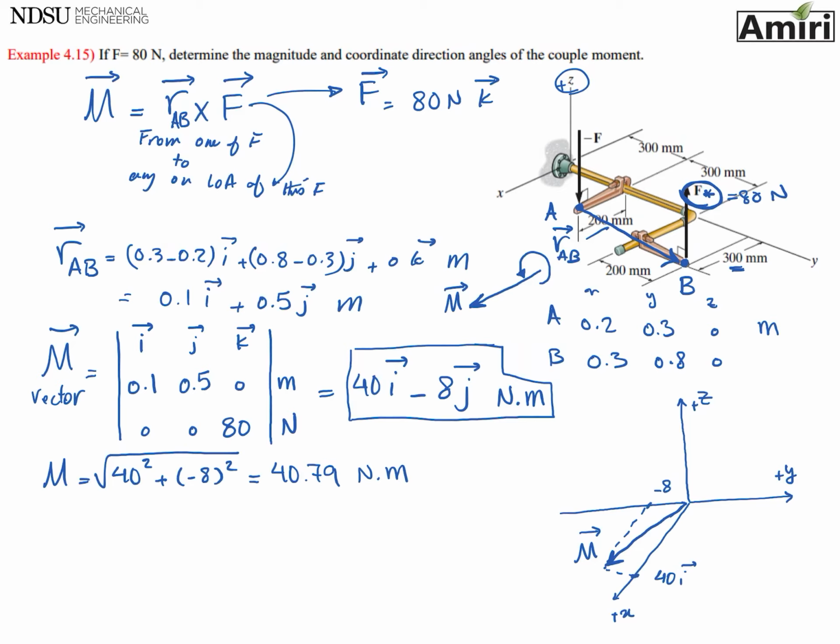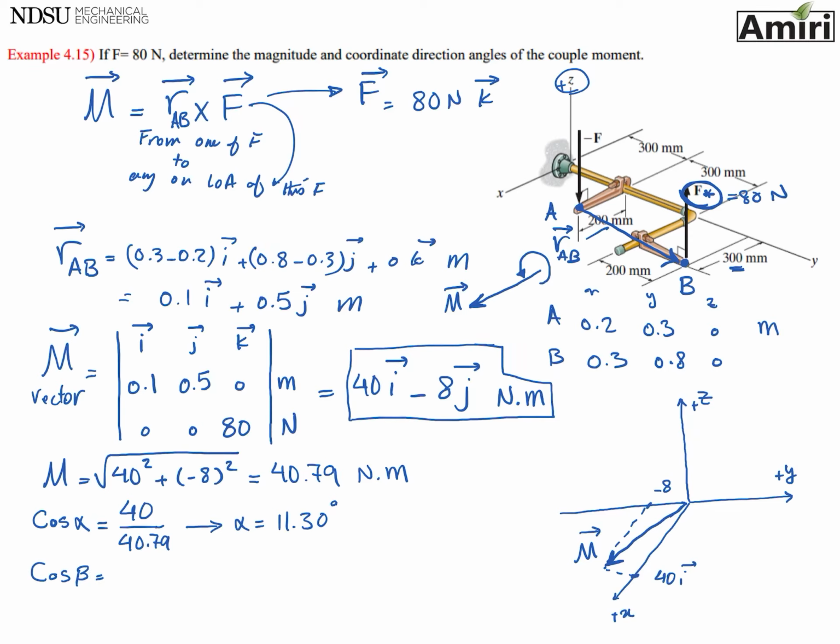The problem asks us to find the coordinate direction angles. If you remember from chapter 2, cosine alpha was the I component divided by magnitude 40.79, which gives alpha of 11.3.